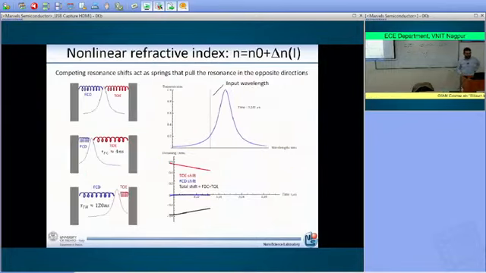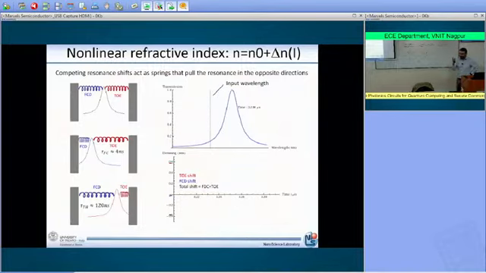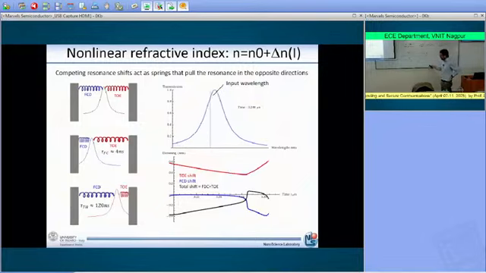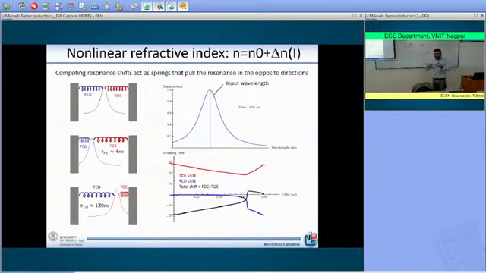So we have something that is pushing and pulling the resonance on one side or on the other side. As a result, the resonance starts to pulse. We have a dynamically continuous movement of the resonance because of the free carrier dispersion pushing the resonance to the blue and the temperature change pushing the resonance to the red. Okay? So this is the result of the balance between those two effects.